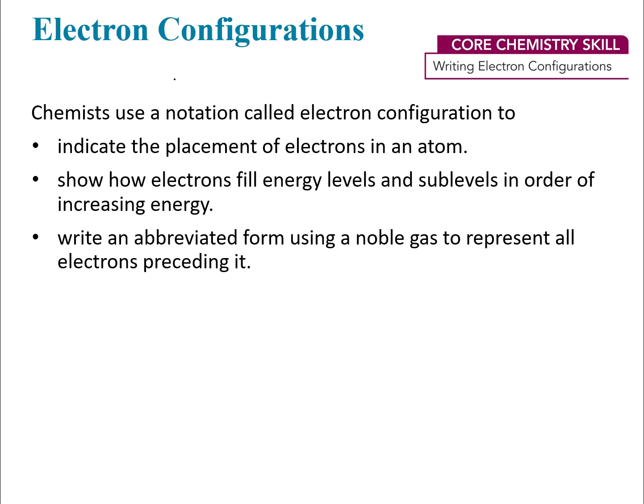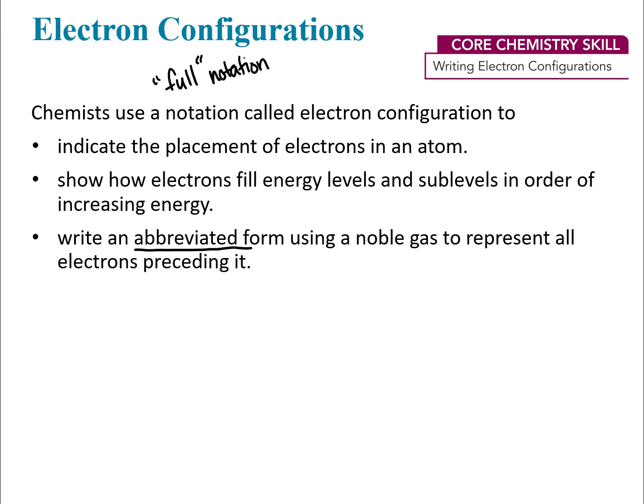There's what's called the full notation, which I'll introduce first. And it's kind of the longhand, kind of like doing long division. Then there's also the abbreviated form, which uses a noble gas to represent all the electrons preceding it. So I'll show you both, but we're going to start with the full notation.